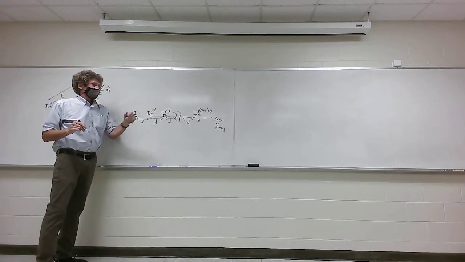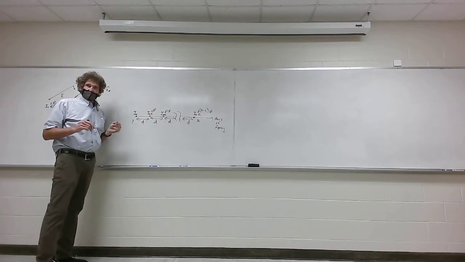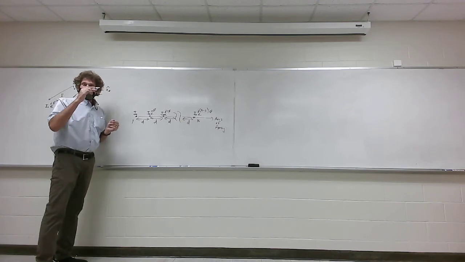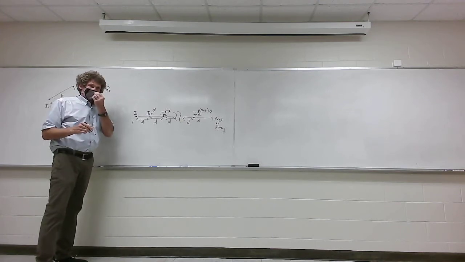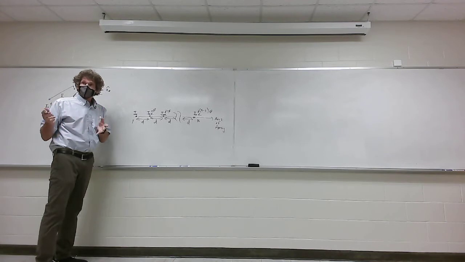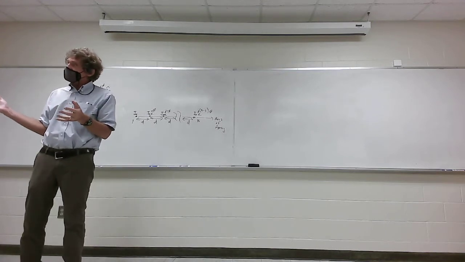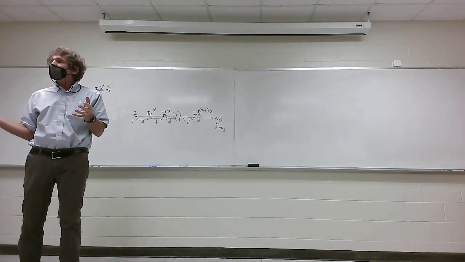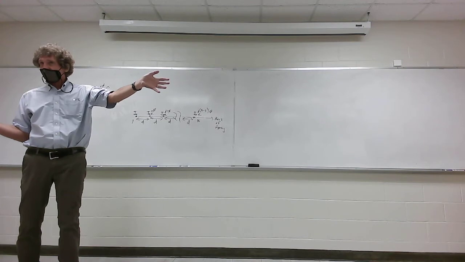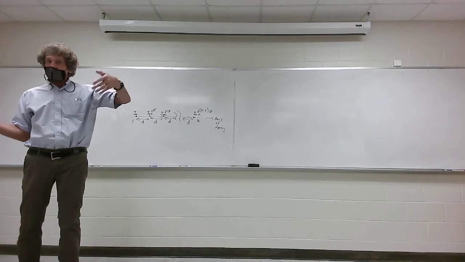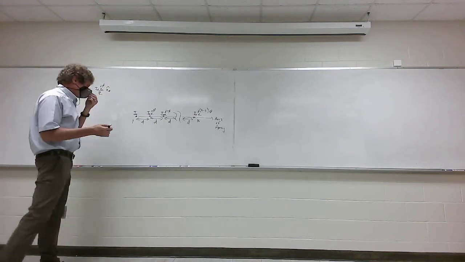So if you took the total length, which is d times n, you would have to be at r much, much greater than d times n for this to work. But that's the way arrays work. Usually if you have an array antenna, like on a ship, you start looking at things hundreds of meters from that ship, all right, not 50 feet from it. So that's the way it works.